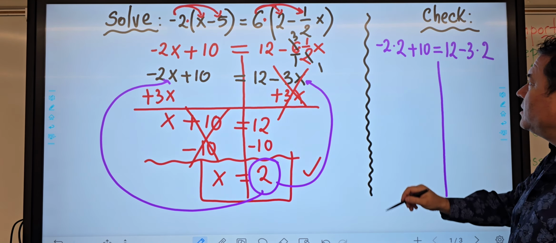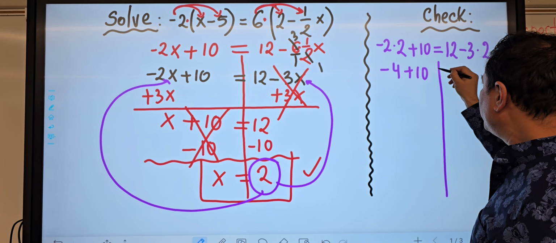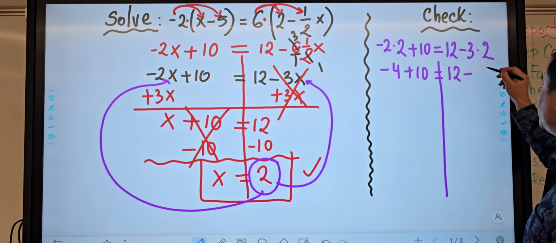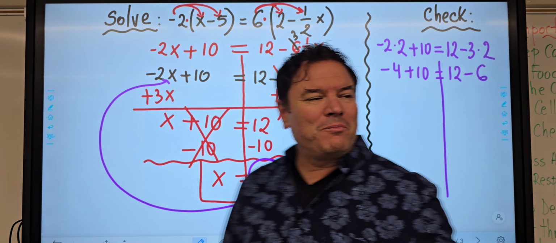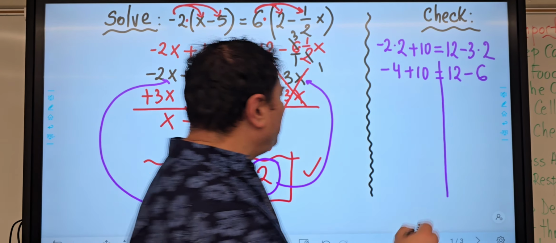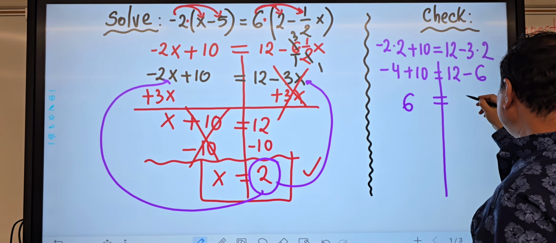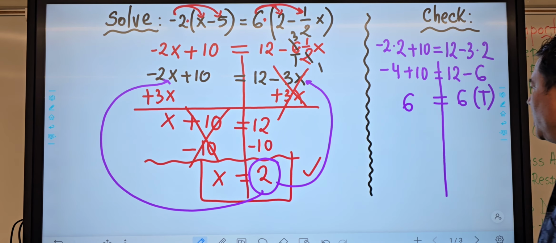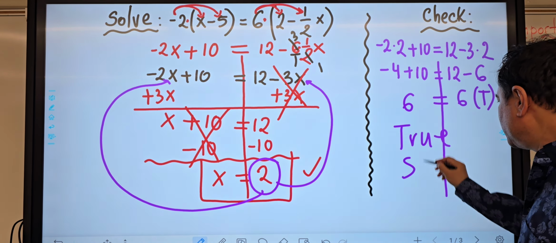Negative 2 times 2 becomes negative 4, plus 10 equals 12. Negative 3 times 2 is 6. And of course, negative 4 plus 10 is actually positive 6. And here we have 12 minus 6 is 6. And we get a true statement. Okay? True statement.